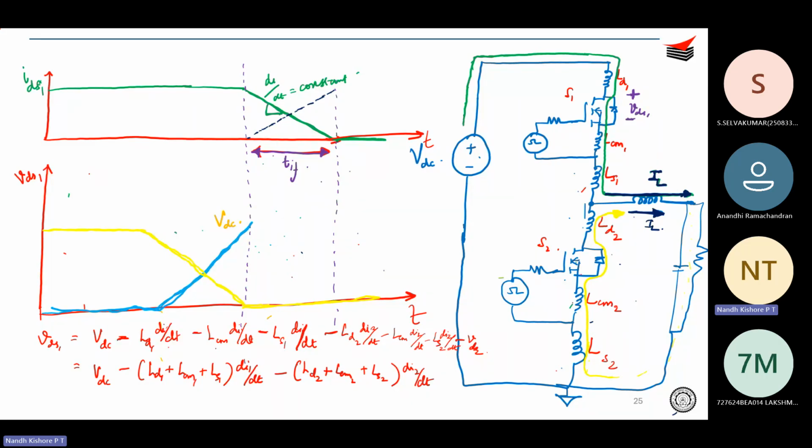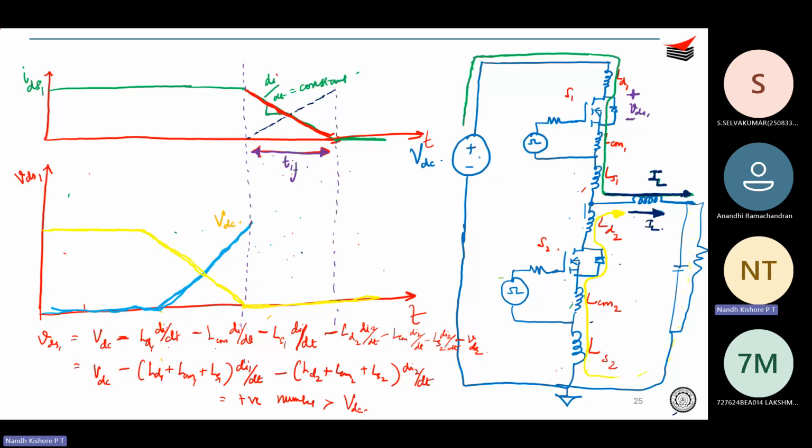Okay. So now you tell me what is di1 by dt? di1 by dt is negative, right? The di by dt is falling. It's a negative di by dt, because the rate of change of current is negative. The current is falling. So minus of minus is going to be a positive number, more than VDC.